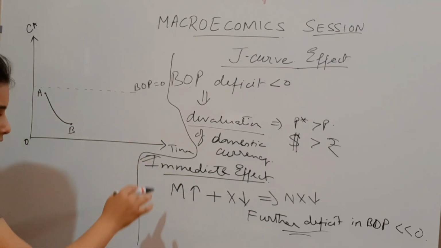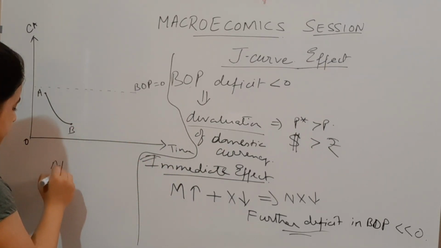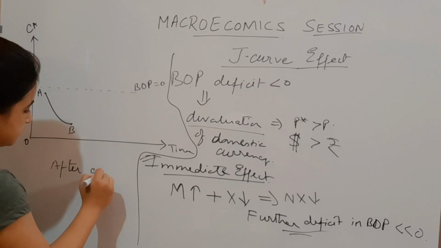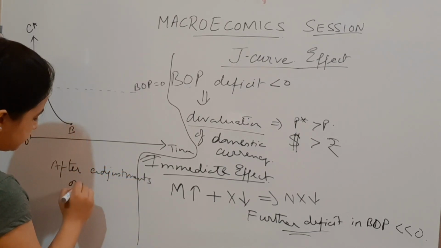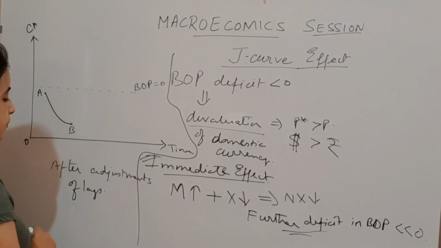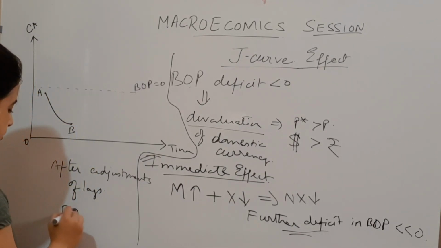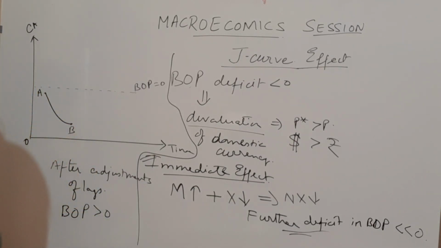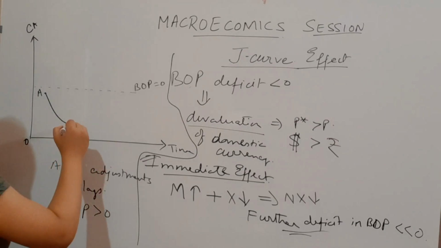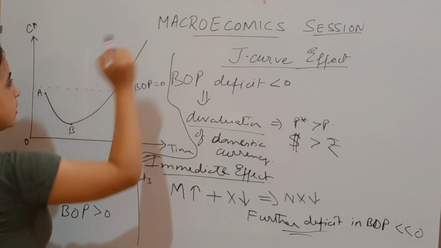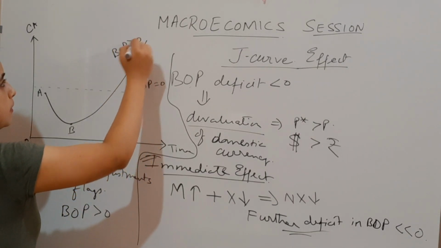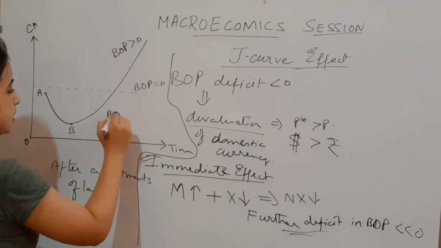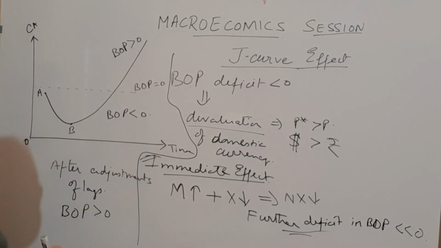But after this, after adjustment of lags, what do we find? BOP will be in surplus. Where this is happening, it is less than 0.